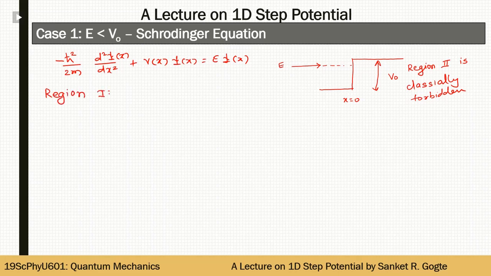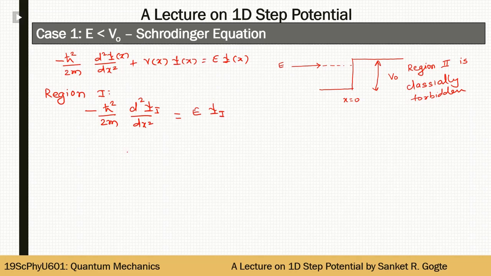So let's now first write this equation for region 1, and let's say the solution or the wave function in region 1 is psi 1. Therefore this equation becomes minus h cross square by 2m d2 psi 1 by dx2 plus potential, which is 0, so the second term is equal to 0, and this is equal to E into psi 1 of x.